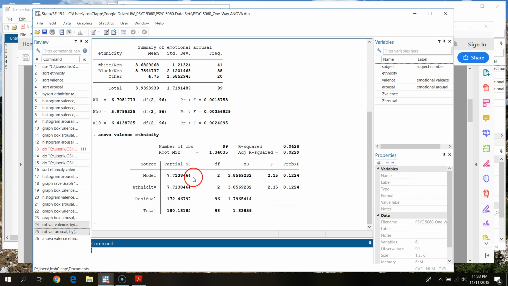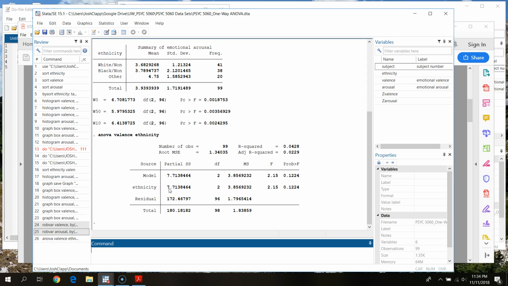If we look down into our ANOVA table, this is our overall model, and this is our individual effect. So ignore this line. That'll become important later, but not for this. So ignore the model and just look down. And so this is going to be our same sum of squares and mean squares breakdown that we walked through in class.